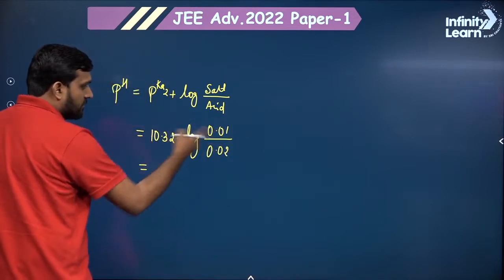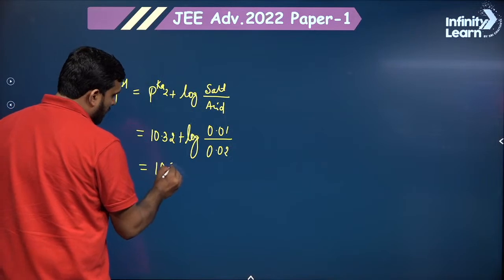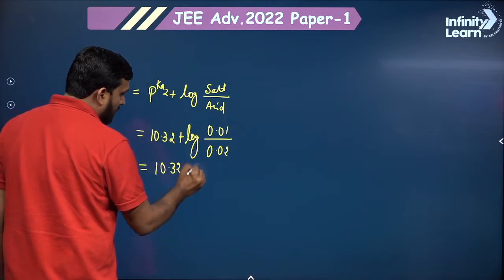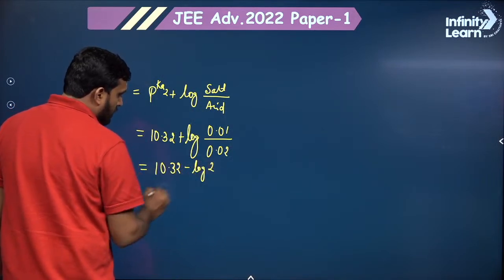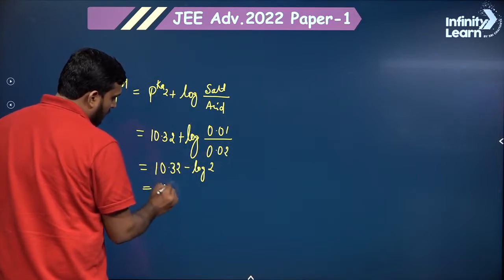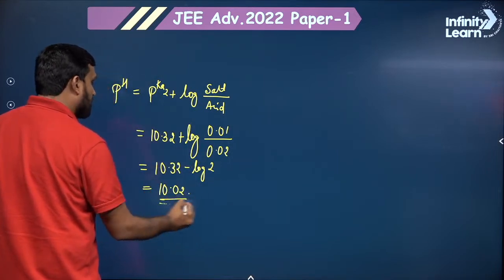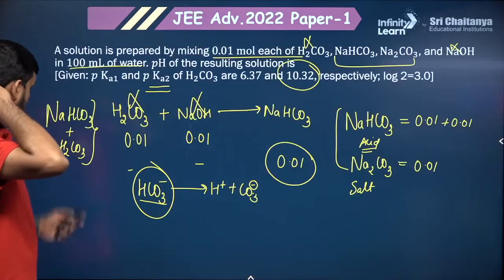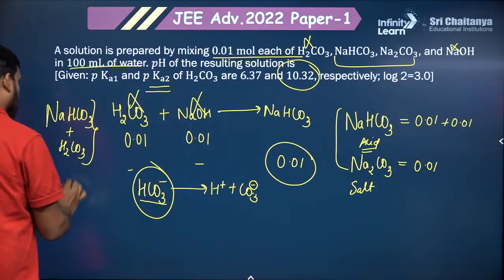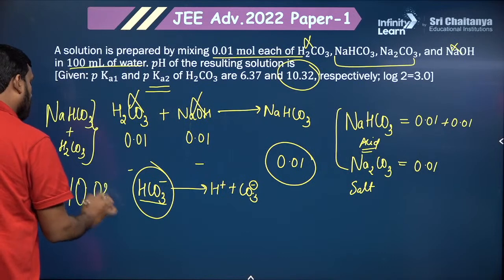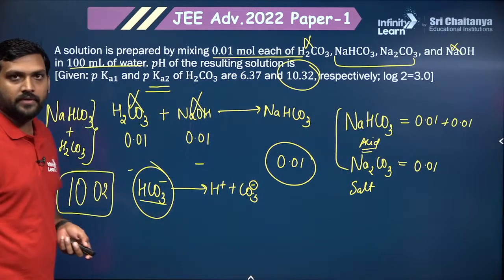If you solve it, it comes out to be 10.32 minus log 2, which is 0.3, so it will be 10.02. So this is the perfect answer for this question, okay. So the correct answer is 10.02. I hope these questions are clear to everyone, okay.